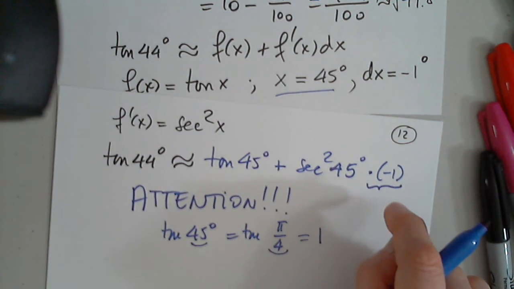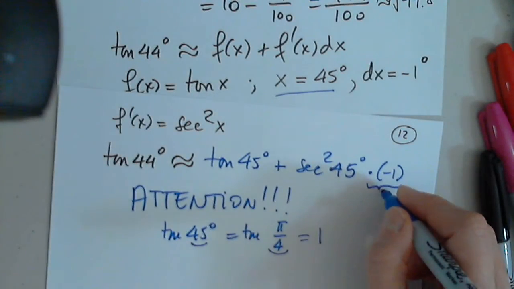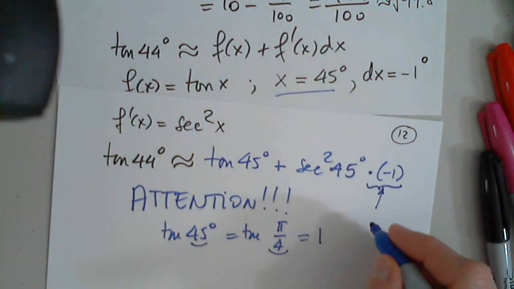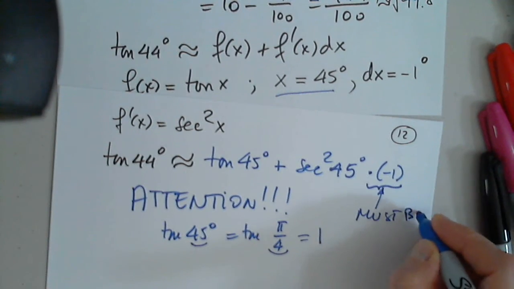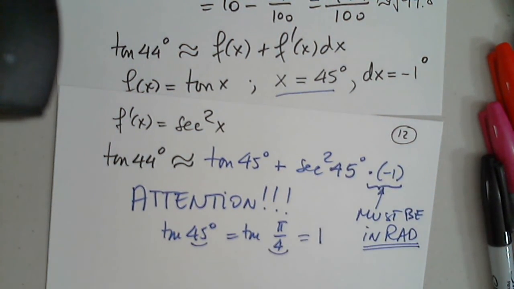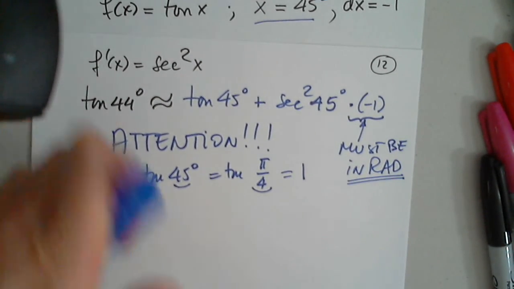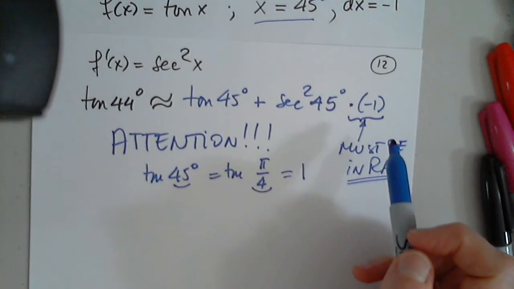I have to change this into radians. Inside of a function, it doesn't make any difference. But this is outside of a trig function. Must be in radians. That's why I was saying make sure your calculators are in radians.